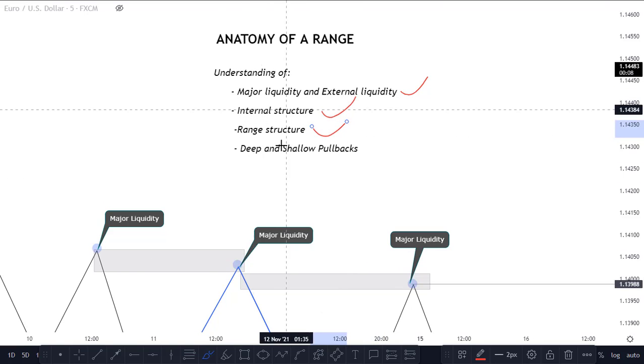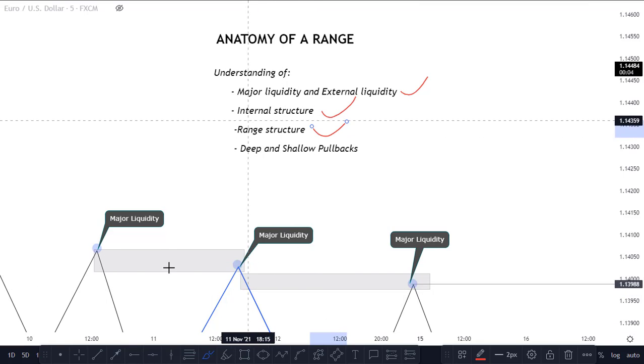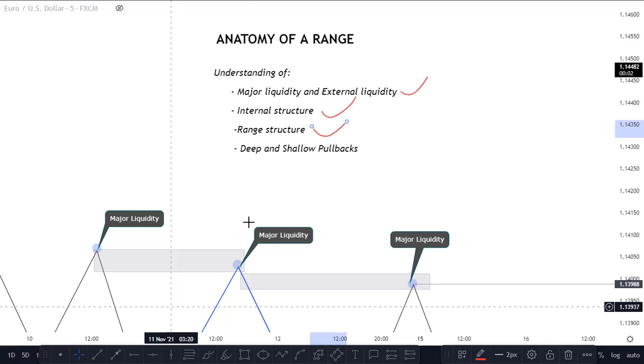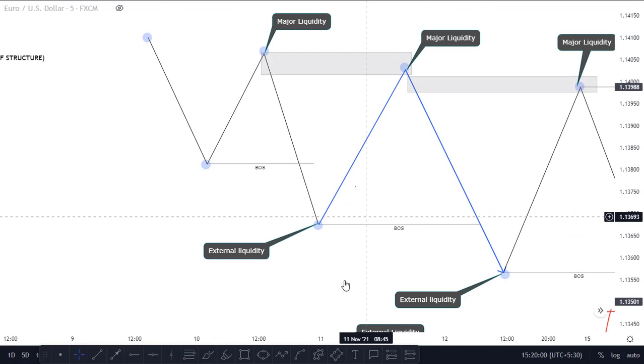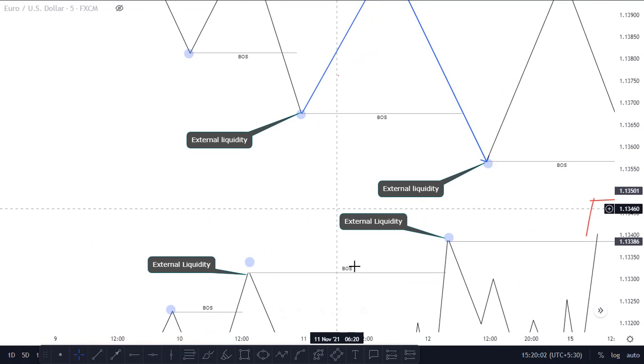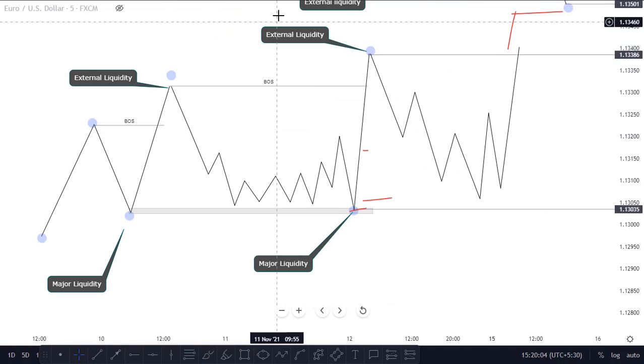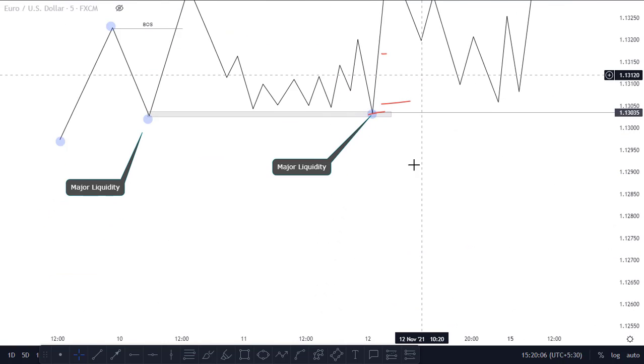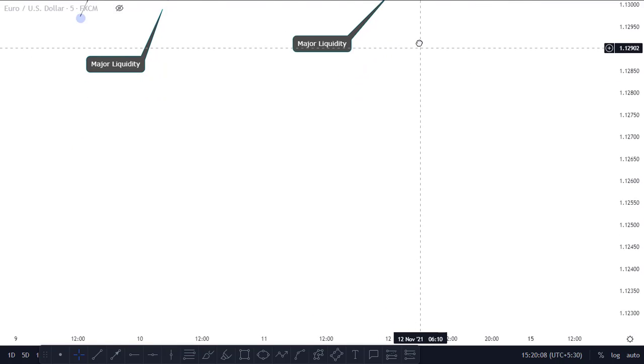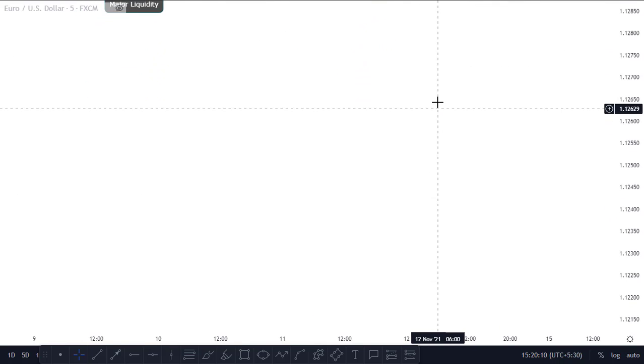Let's talk about all of these concepts at the same time, because once you understand this, it is the building block of our trading style. It's a building block of understanding how price moves, or the beginning of mastering how to read price.